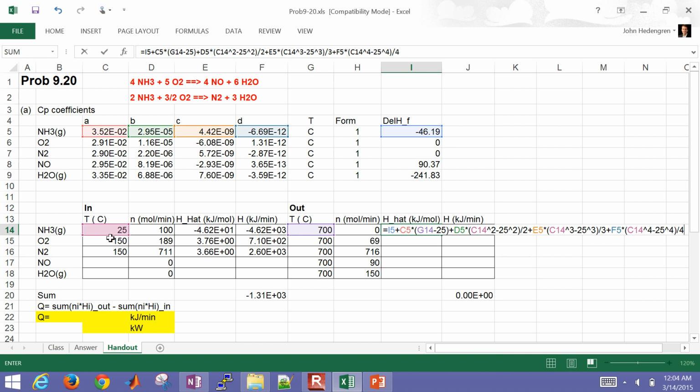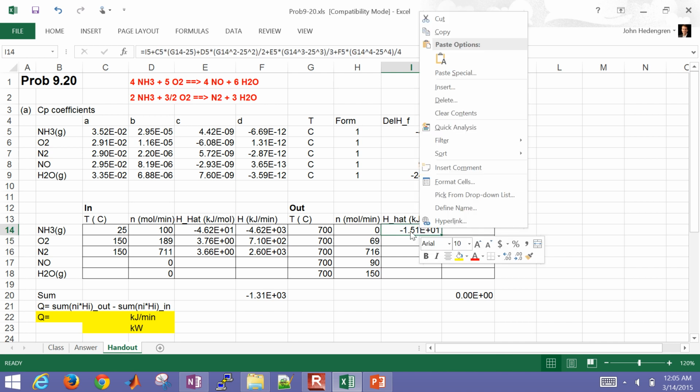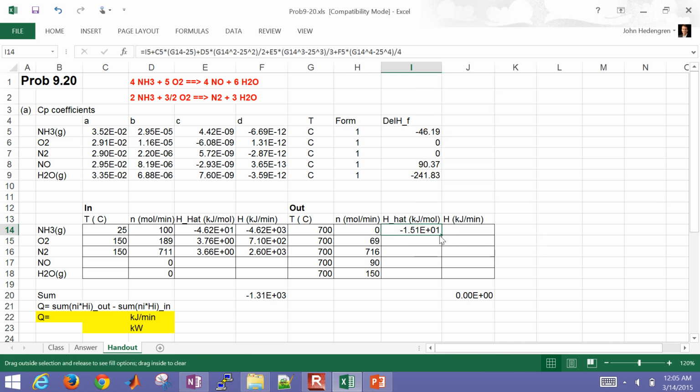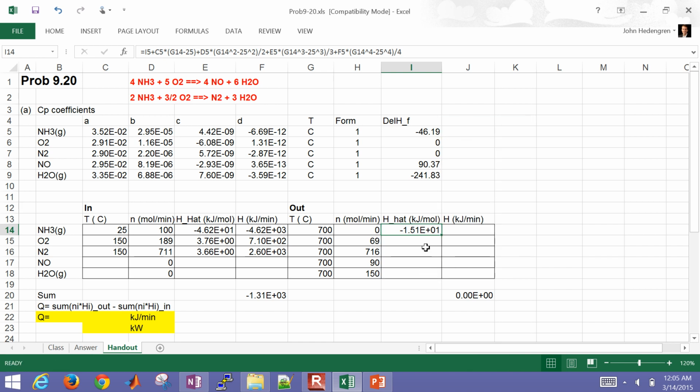I had quite a few of these references. I'll just drag each of these over and start using 700 instead for that formula for C sub P. And there I have my first one. Then I'll drag it down. This is really easy with Excel. I guess I can just double click here and it'll fill down for me.